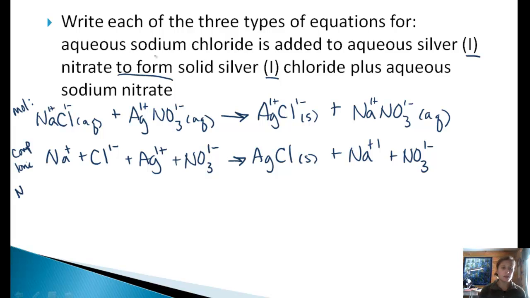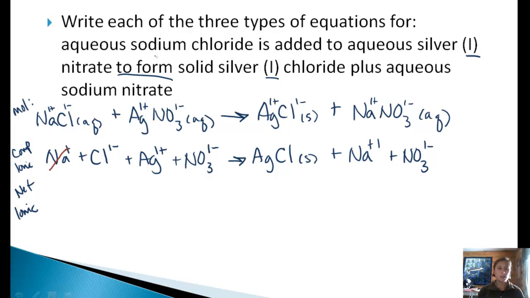Okay, now we want to write our net ionic. So now we're going to look for things that are absolutely identical on both sides of the reaction. Let me get a different color pen. Okay, so let's see.